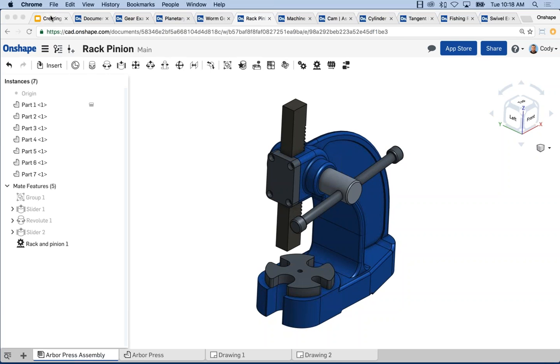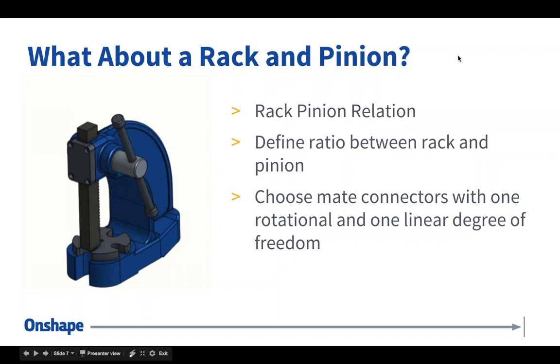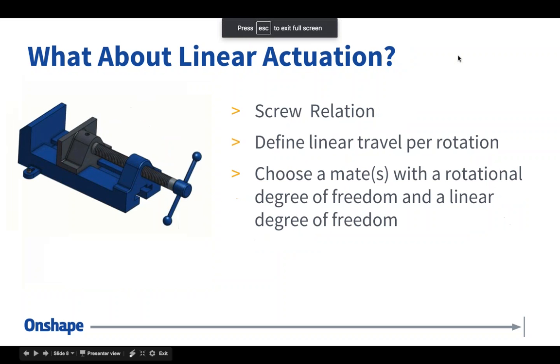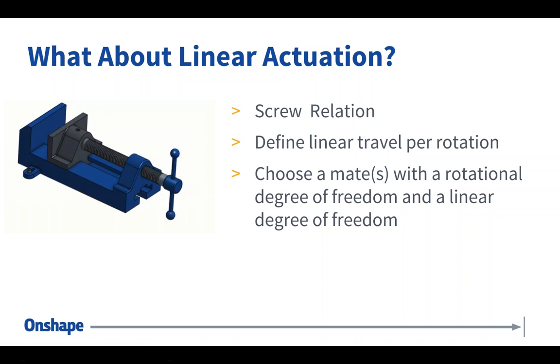The next one on my list is linear actuation. I should say, screw actuation. What if I want a threaded rod? I want to be able to twist a threaded rod and have something drive in and out. Another commonly asked question. The example I give, you'll see the vise where I twist the vise, and of course that drives it in and out depending on the rotation I twist it.